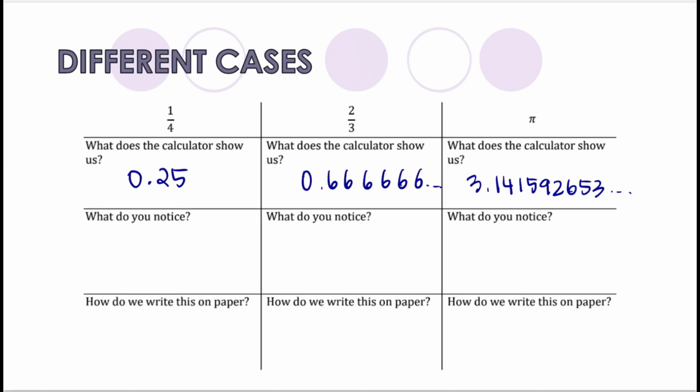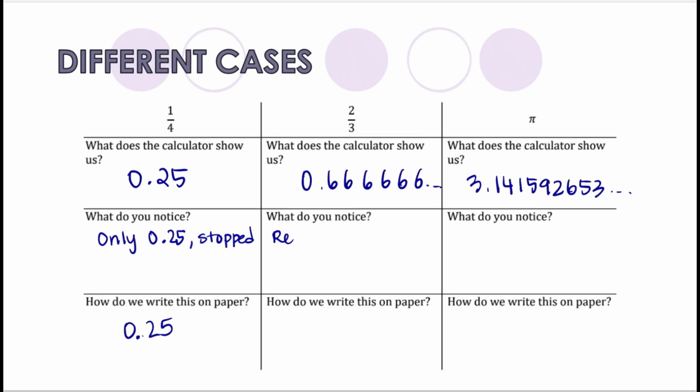In this one, it was just 0.25, and there was nothing else, and then it stopped. So I would write this as 0.25 because it's a really nice, easy decimal. There wasn't anything extra.